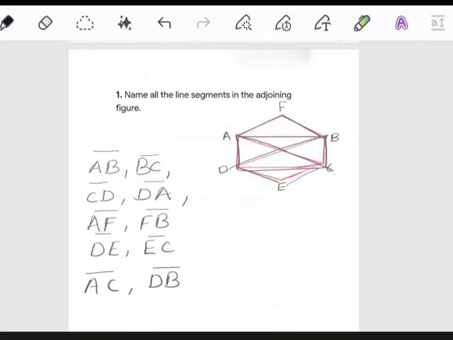Clear? So how many line segments are there? 1, 2, 3, 4, 5, 6, 7, 8, 9, 10. There are 10 line segments in this figure. Clear?